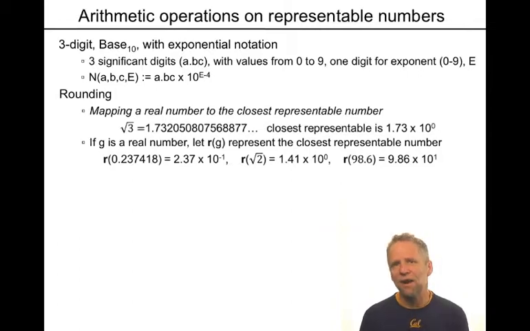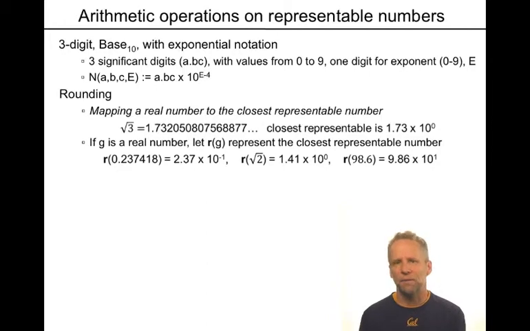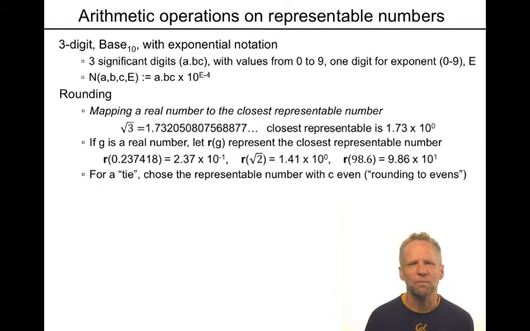And then lastly, I've rounded one that already is representable. 98.6 is representable, so the round of that is itself, the same number back, 9.86 times 10 to the first power. So the first two examples definitely incurred some error. G was not a representable number, and the rounding gave a representable number. In the last example, G was a representable number.